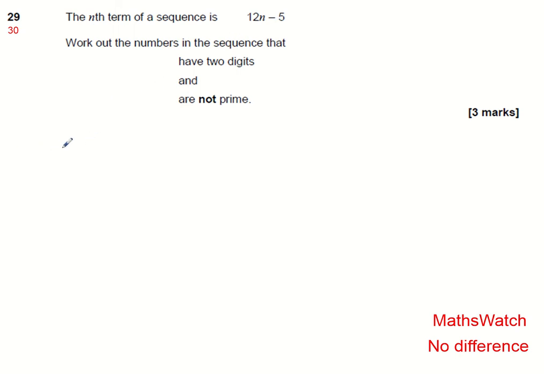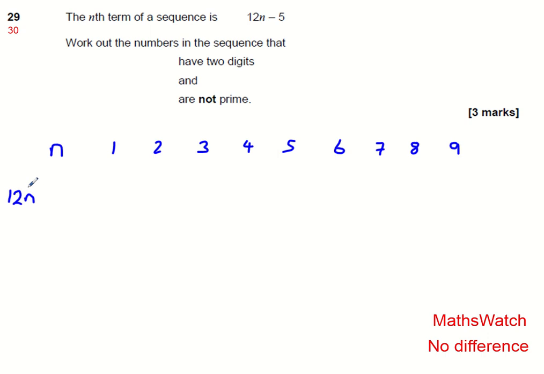So here's our values of n. So the first number, the second, third, fourth, fifth, 6, 7, 8, 9, and if we need any more, we'll add to that. We're then going to take those numbers and apply it to this. 12n minus 5 means we're going to multiply those numbers by 12.